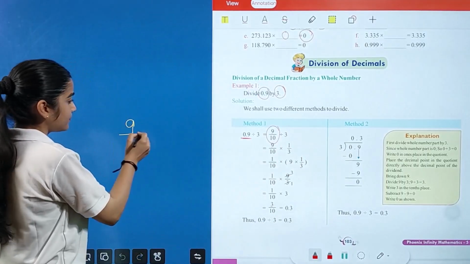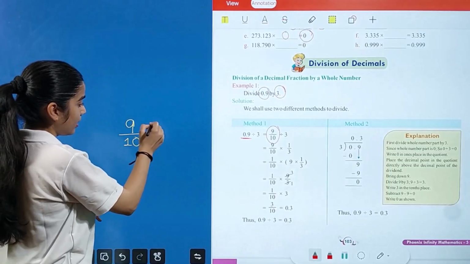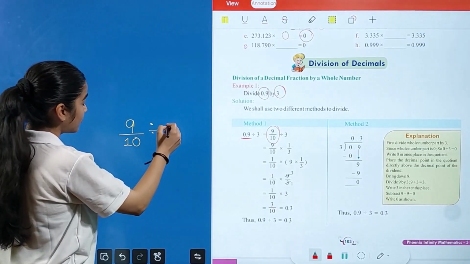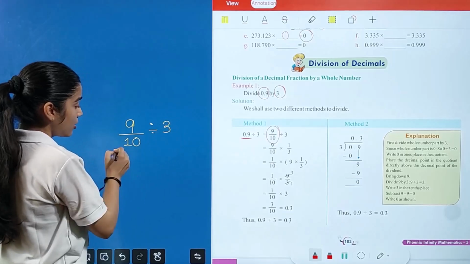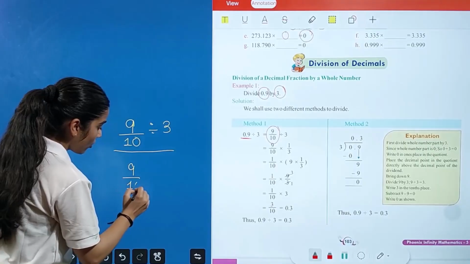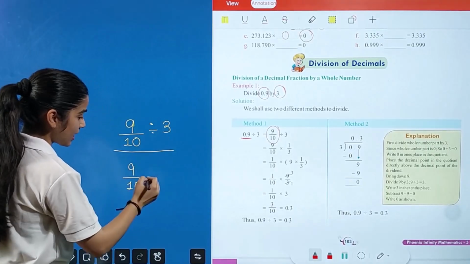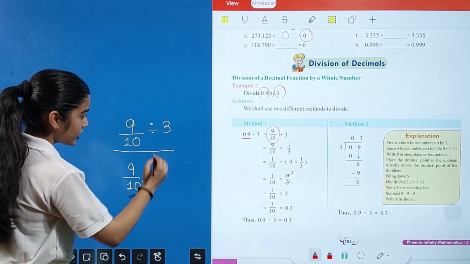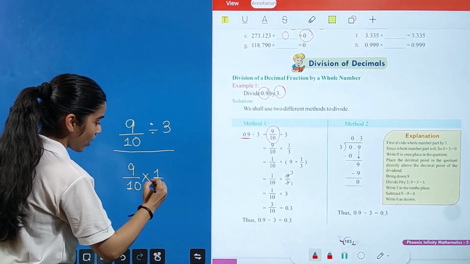If we have 9 by 10 and we have to divide it with a whole number, in the fraction chapter we take a reciprocal of 3 and this division sign will convert into multiplication, and the reciprocal of 3 is 1 by 3.